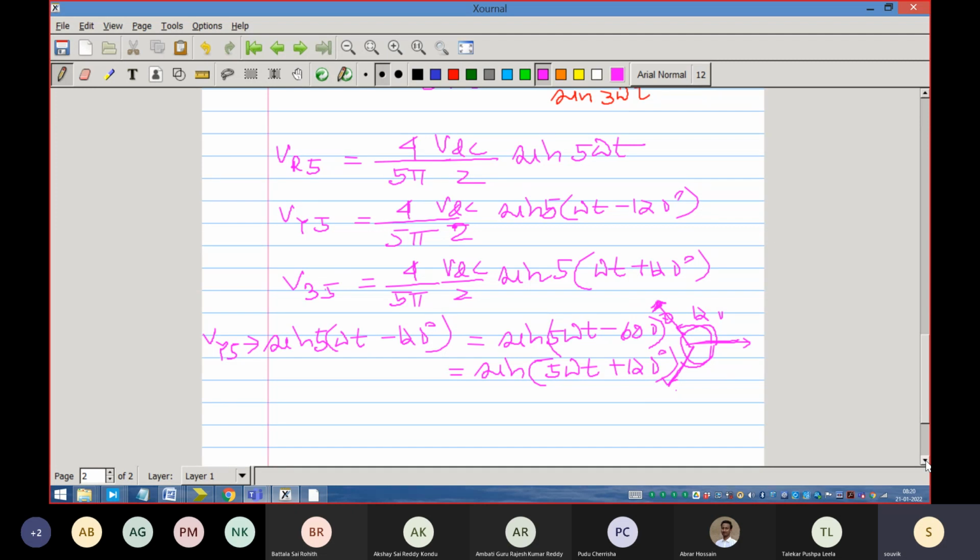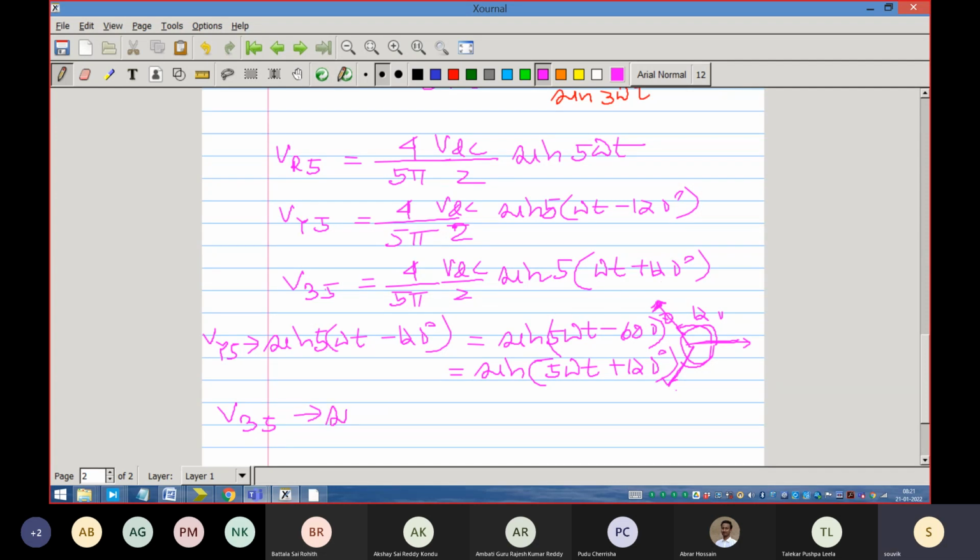But there is an interesting thing happening at the fifth harmonic. Third harmonic components, all of them are in phase. There is no phase shift in the third harmonic component. But the fifth harmonic components, among themselves, are changing the phase sequence. Instead of RYB phase sequence, it is now exhibiting RBY phase sequence. So V5, that waveform is this.